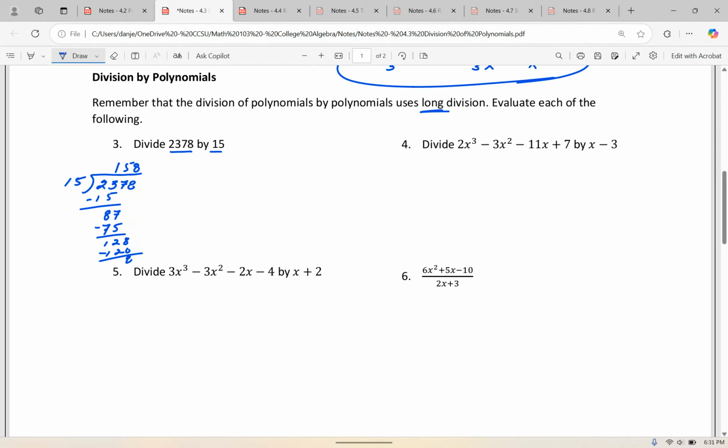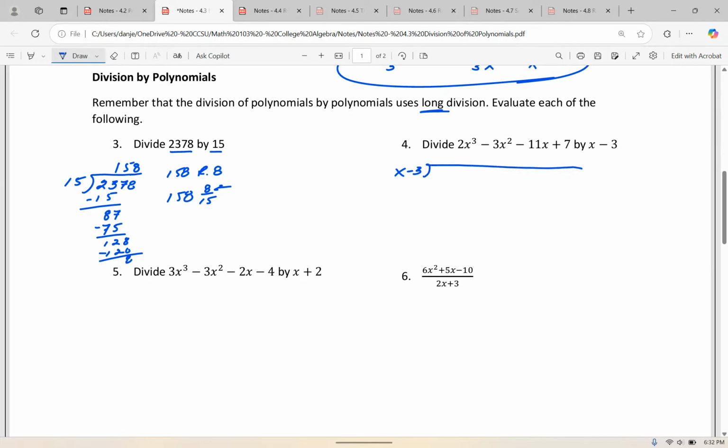Again, we subtract and we get 8. So we have 158 with a remainder of 8, or 158 and 8/15, because it still remains to divide the 8 by the 15.